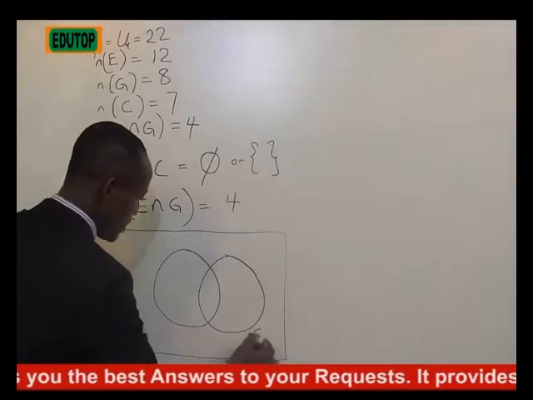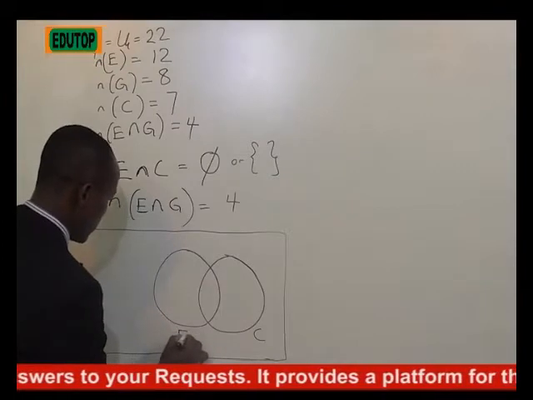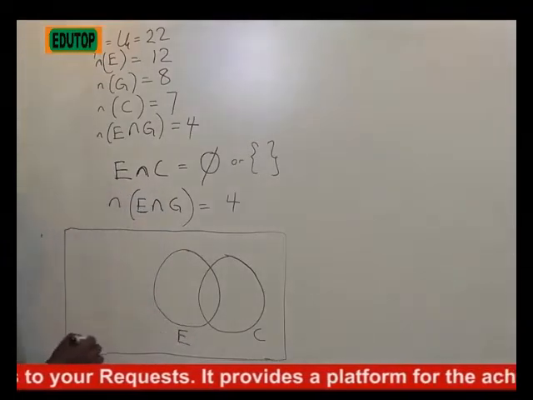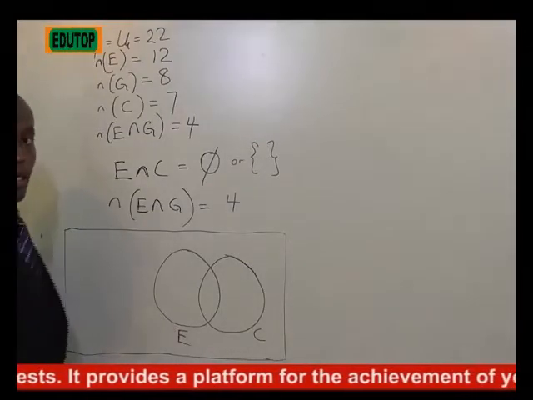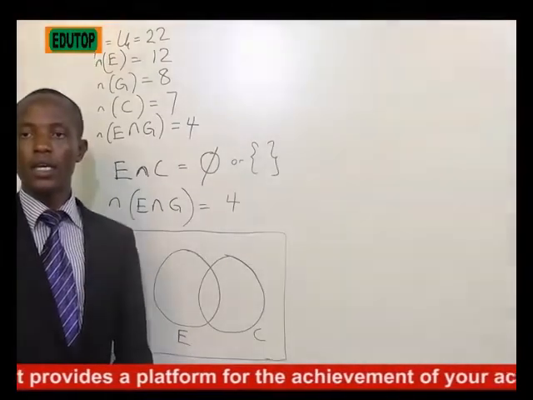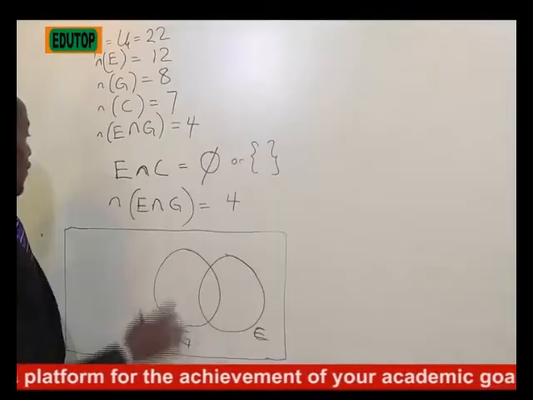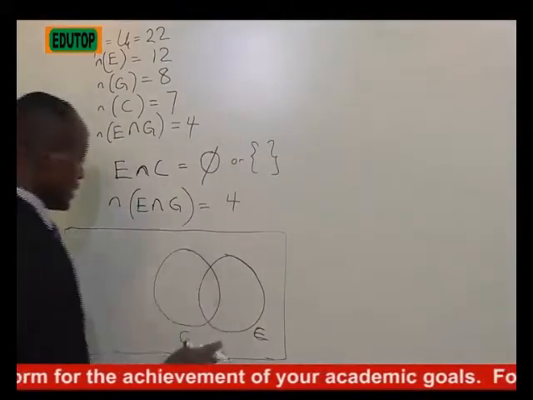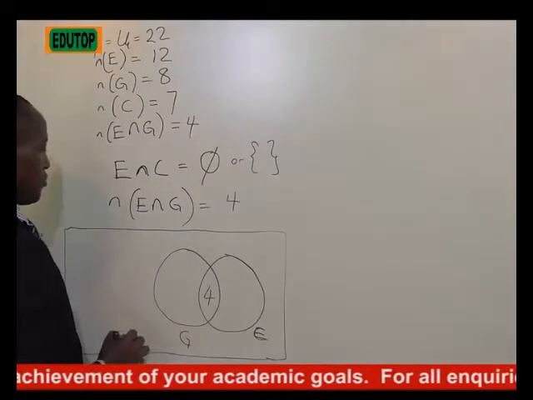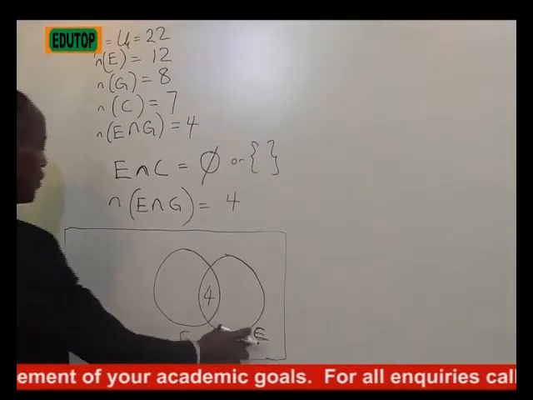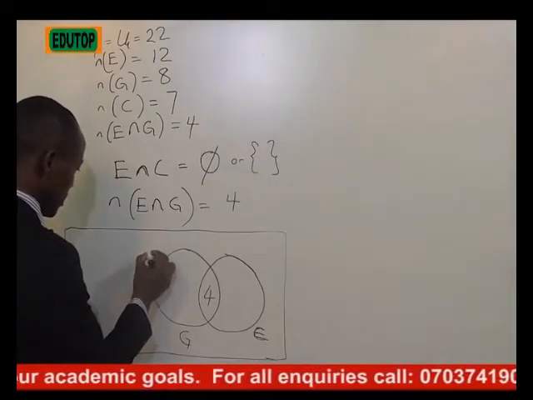That means this is our C, and this is our E, and this is our G. Nobody takes economics and chemistry. From what we have, it's only E and G that intersect, and our point of intersection is 4. Then E and C do not intersect, but G and C actually intersect, but we don't know the value.